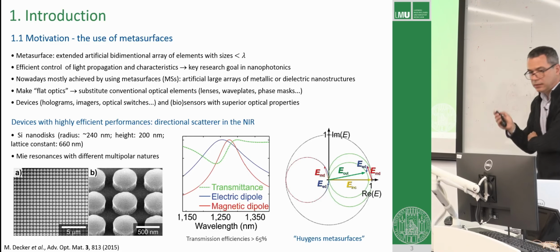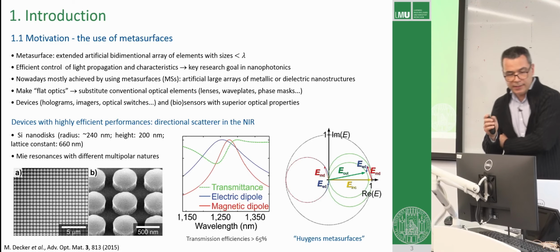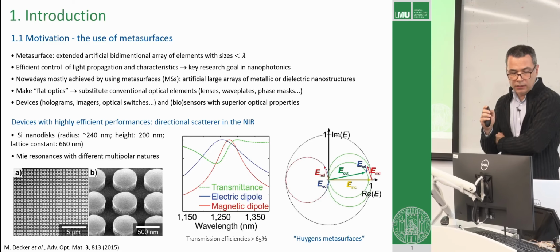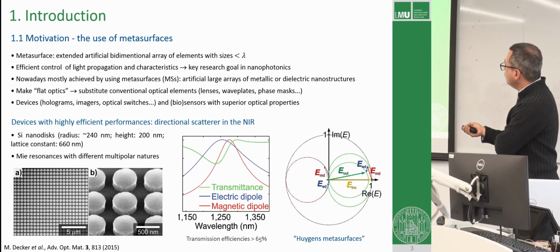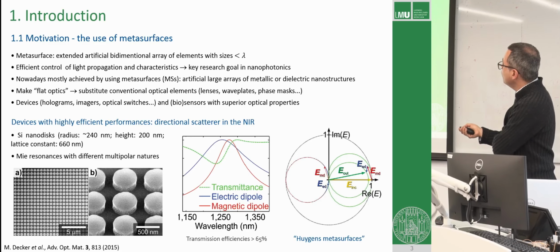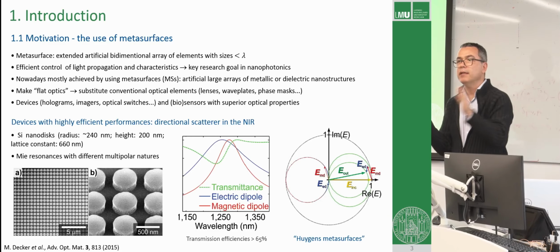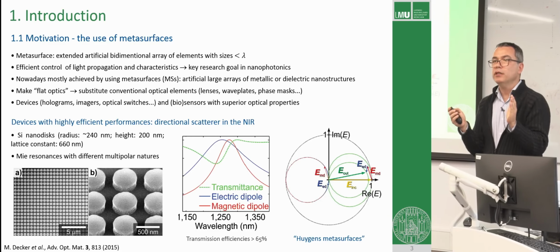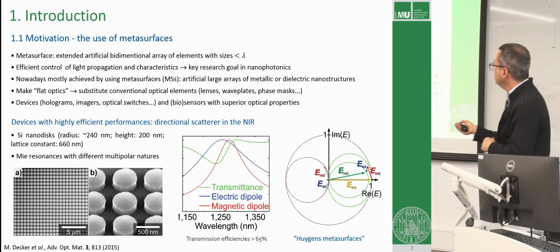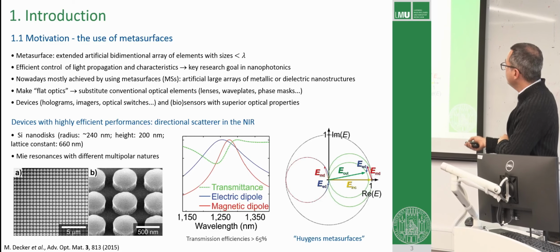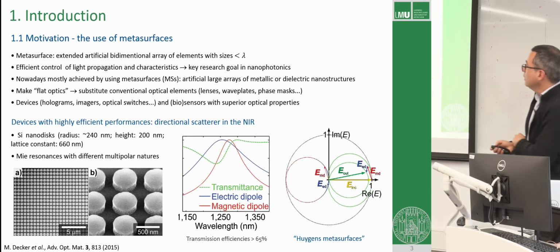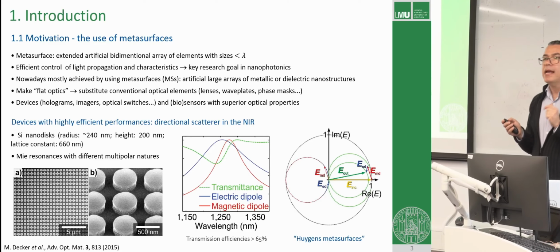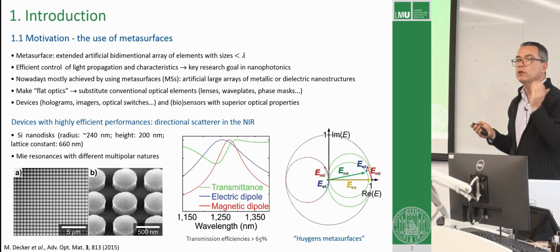And there is a known result in this area, which is the so-called Kerker condition, which tells us that when you have the electric dipole and the magnetic dipole contributing with the same amplitude, and we see here that this happens at 1,300 nanometers or so, this metasurface may act as a strongly directional scatterer.